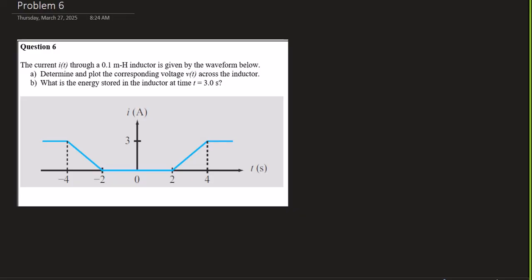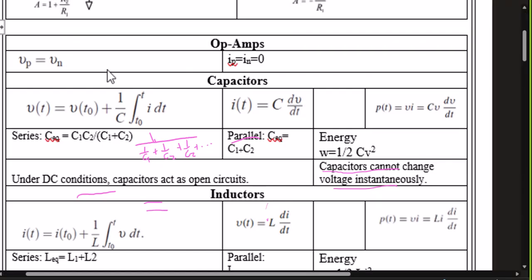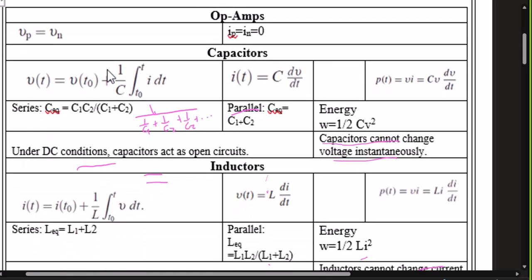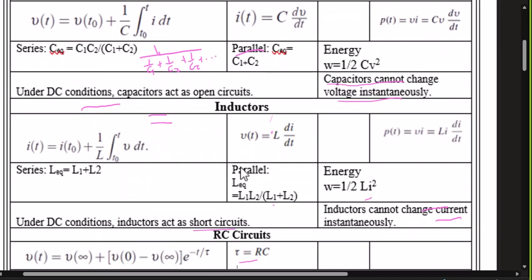So what you're hoping is that it's not an integral one, and we come here and we have an inductor, and we find out that the voltage across an inductor is L dI/dt. And you say, oh, that's much nicer. We like those.